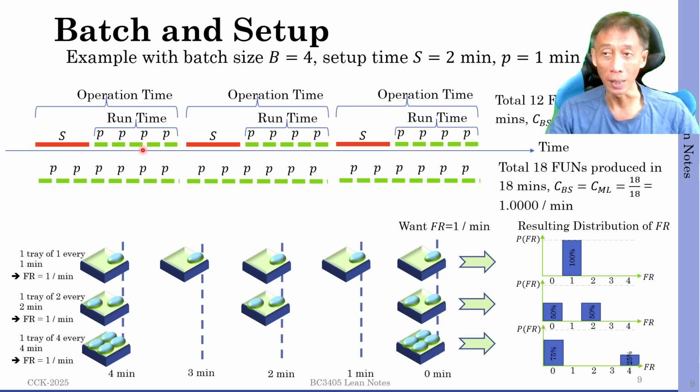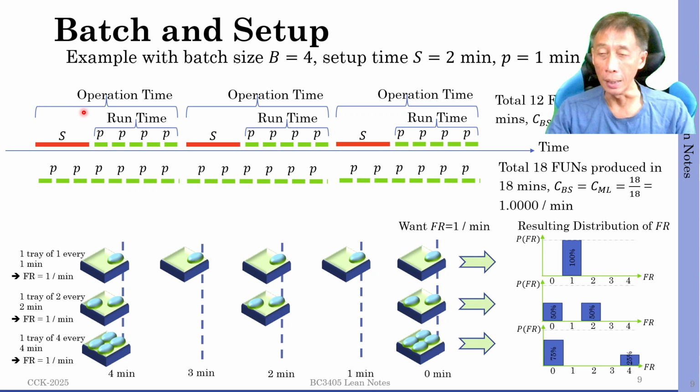The runtime is the pure processing of the batch, so it's P times B, P times 4, so 4 times 1, that's 4 minutes. S is the singular setup time, so 2 minutes.